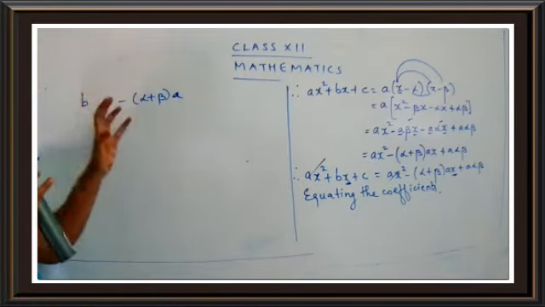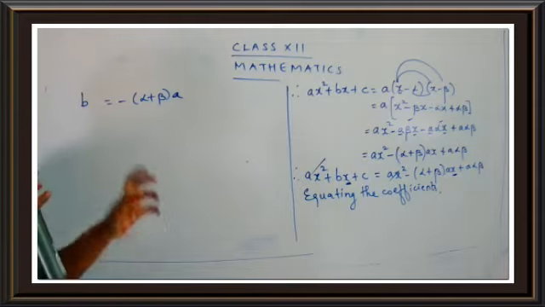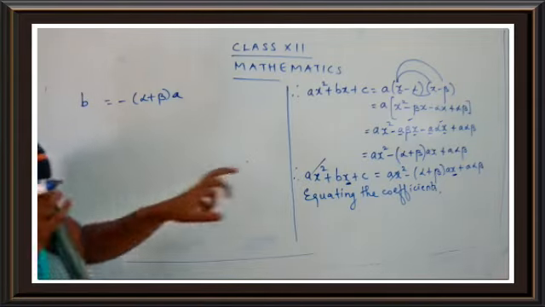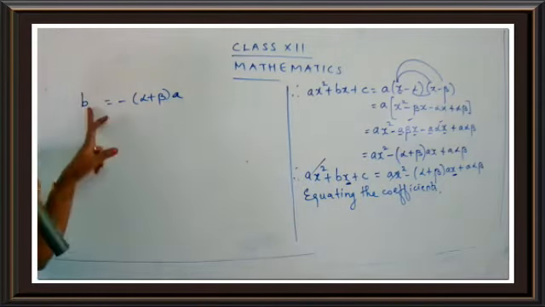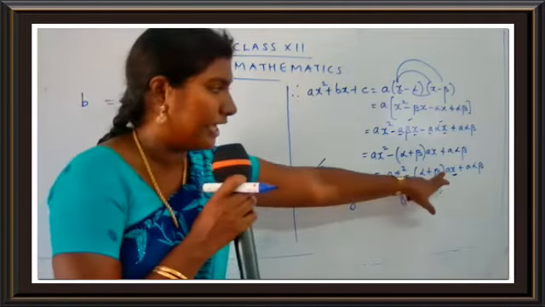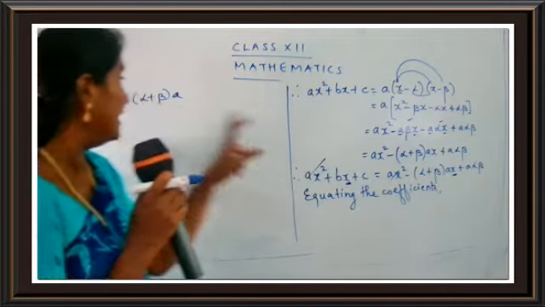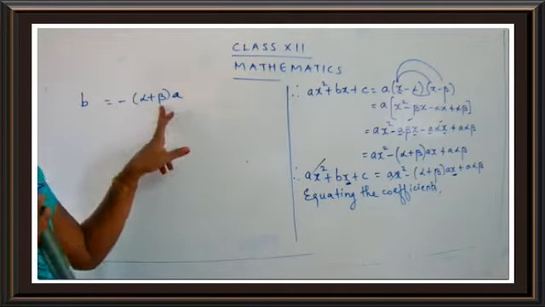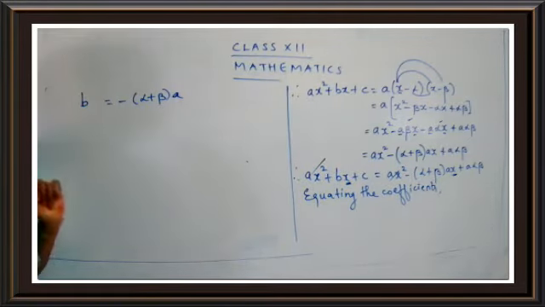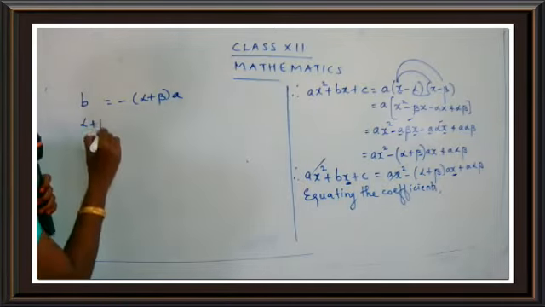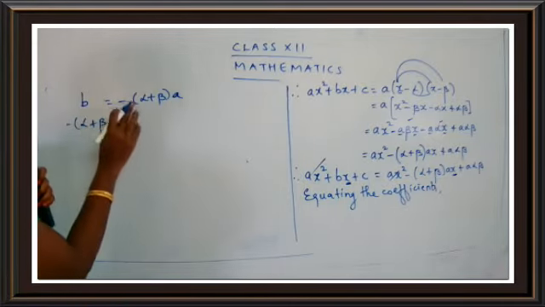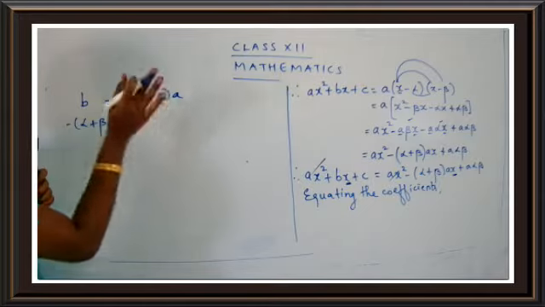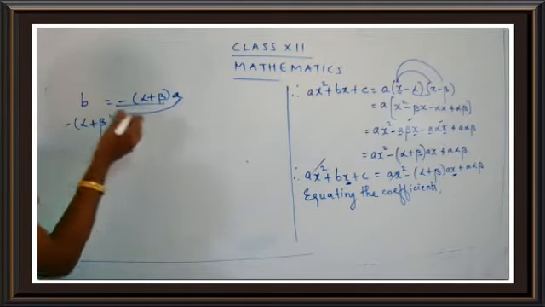So no need to take x. Just remember that we are going to equate the term of x. So I have taken the x term, that is b, and again here I have taken the x term. What is the x term here? It's minus alpha plus beta the whole into a. Now here I have to get the value for alpha plus beta. I'll keep this part as it is and shift this a to the side.